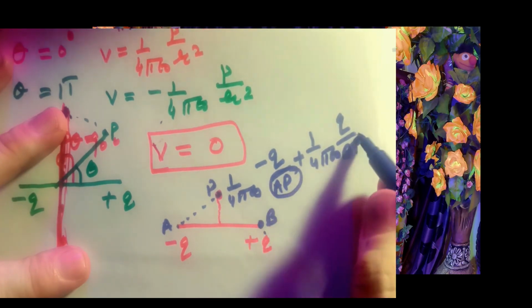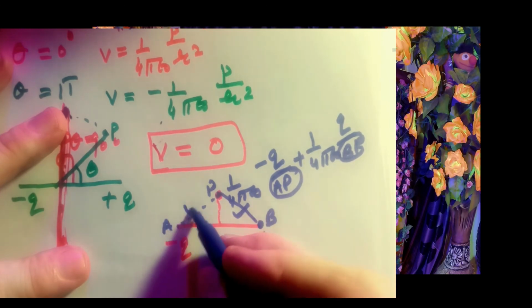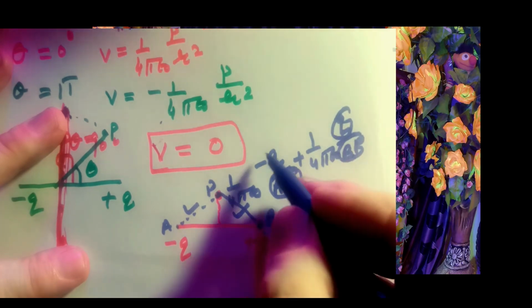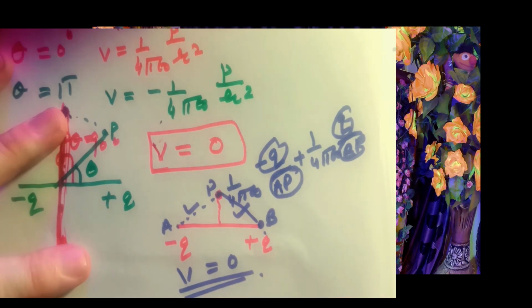AP equals BP. This length and this length, they are equal. Lengths are equal, plus minus, so potential becomes 0. That's there. Okay.